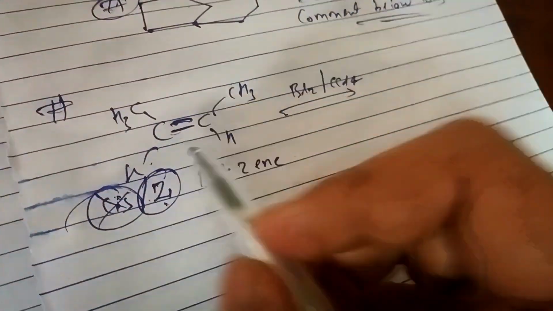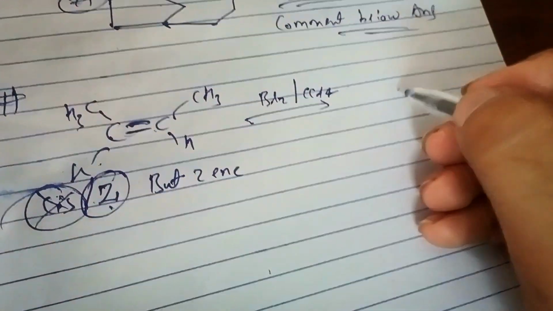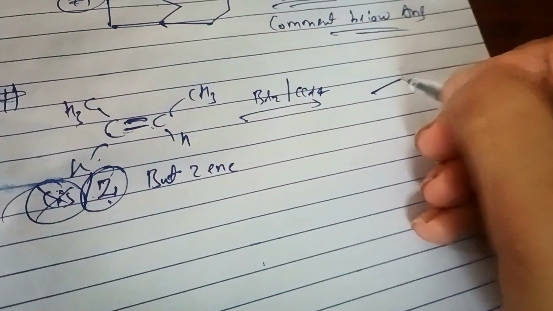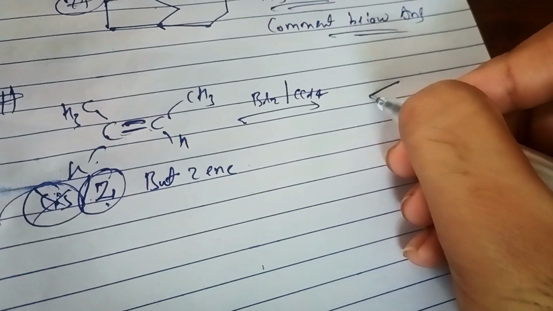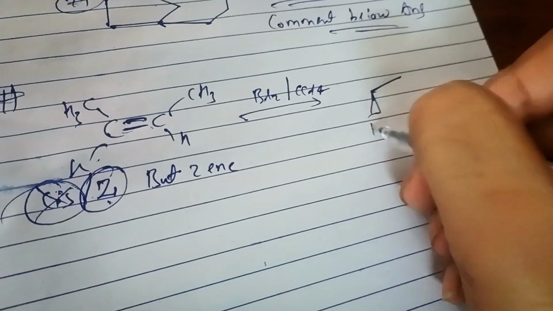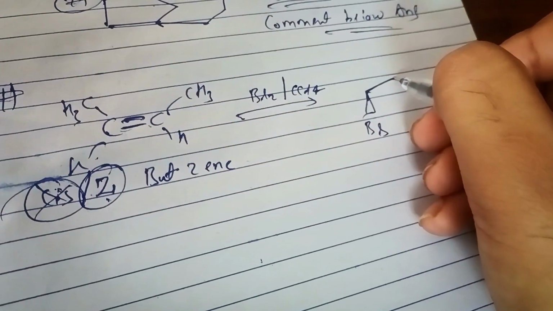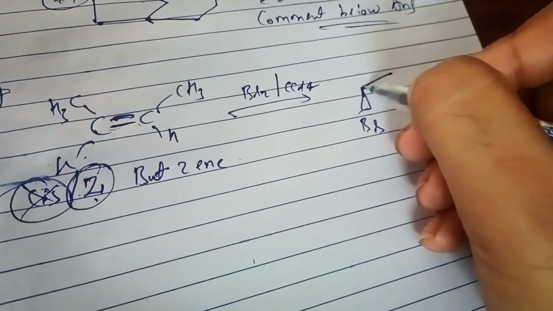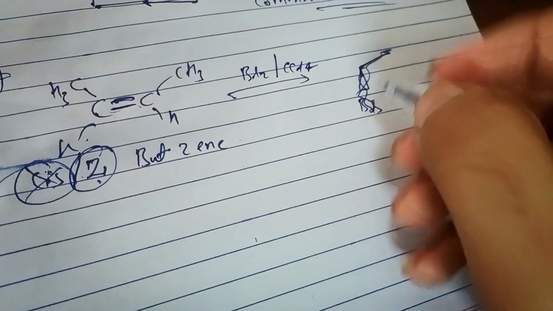Since there are 2 carbons, we write the 2 carbons, and here we will put Br on 1 carbon. This is not right.